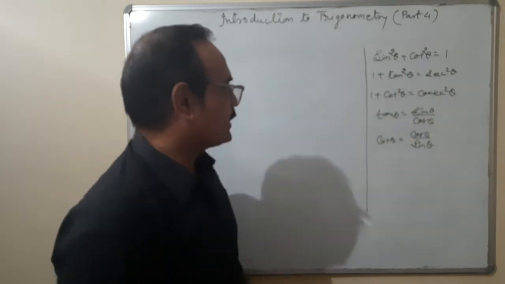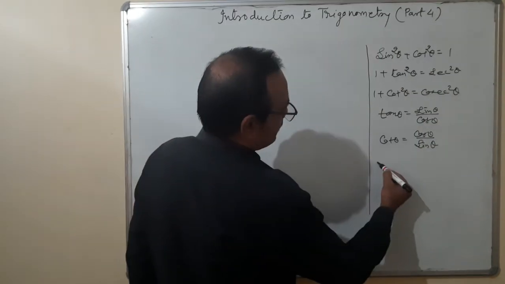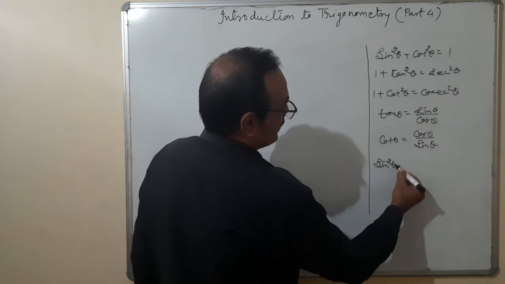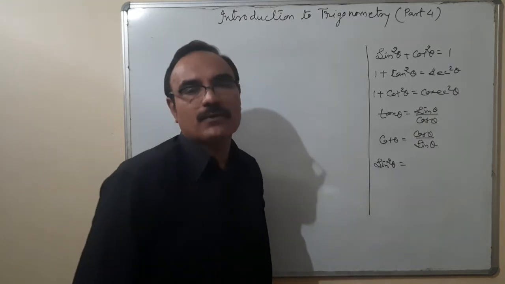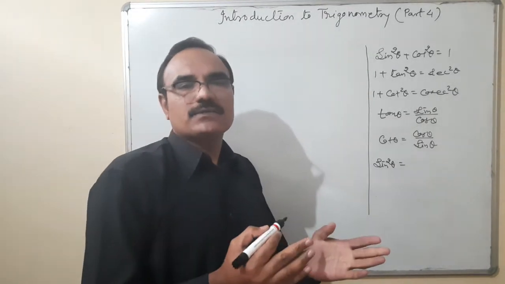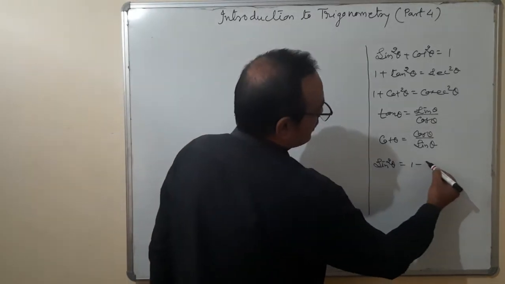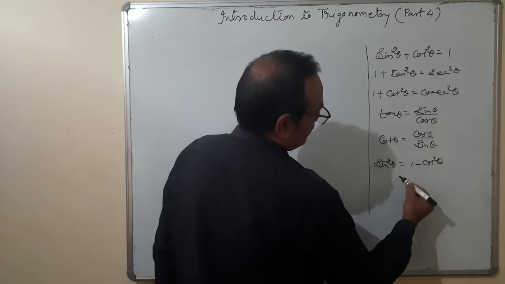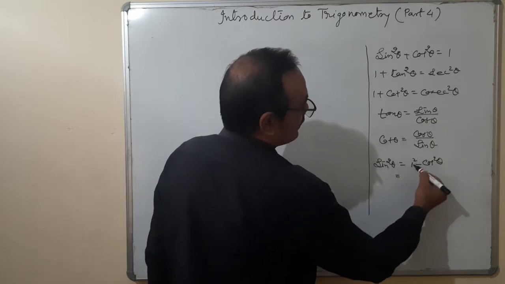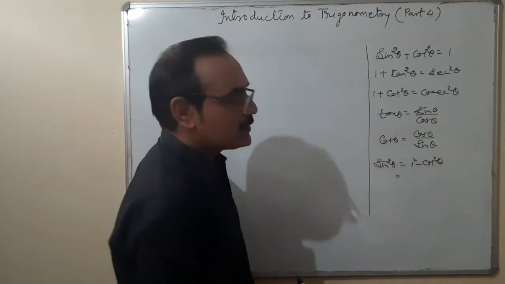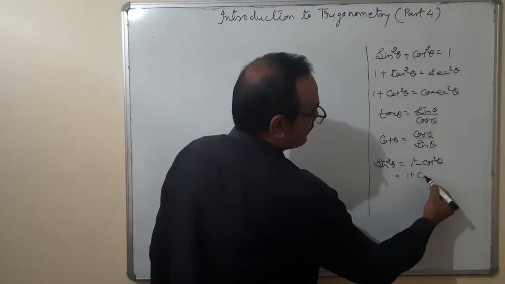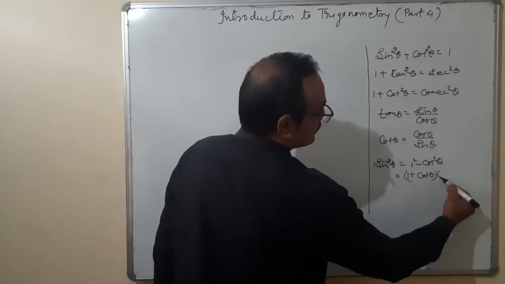Here is one more important thing. Suppose I want to write sin square theta in terms of cos, that means any sine terms written in terms of cos. Sin square theta is equal to 1 minus cos square theta. Here we can write 1 square minus cos square theta, that is a square minus b square, (a plus b)(a minus b).